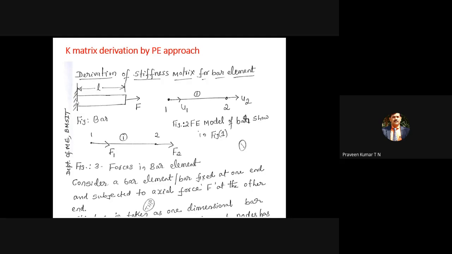So even when you derive the stiffness matrix for the bar element, even though it is fixed, you still write that at node 1 the displacement is U1 and at node 2 the displacement is U2. Even though we are not applying any load at node 1, you still show the loads F1 and F2, because in some conditions the load may act at node 2 also.